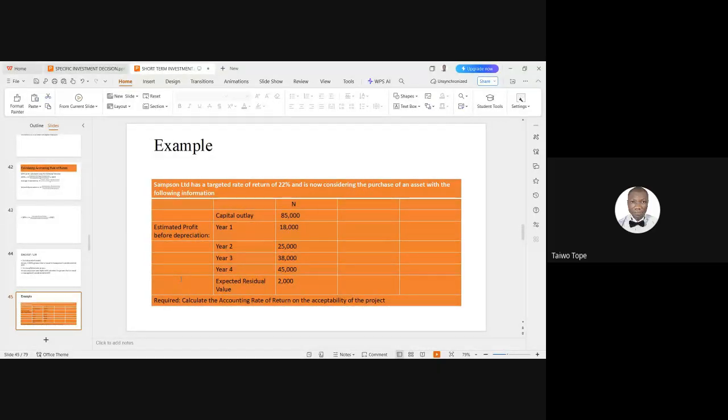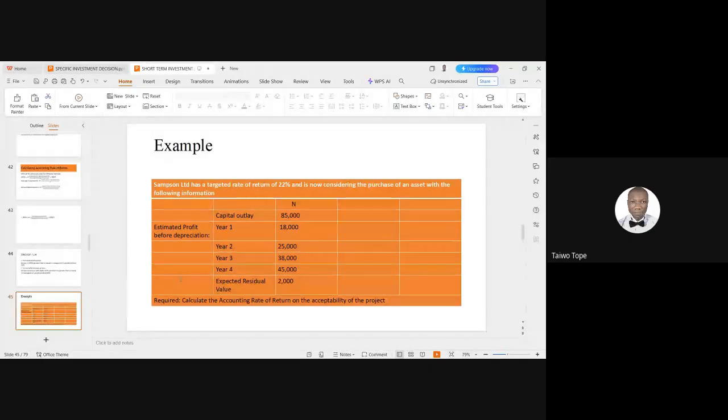The capital outlay is 85,000. Estimated profit before depreciation: year 1, 18,000, year 2, 25,000, year 3, 38,000, year 4, 45,000. Expected residual value is 2,000. Required, calculate the accounting rate of return, and advise on the acceptability of the project.